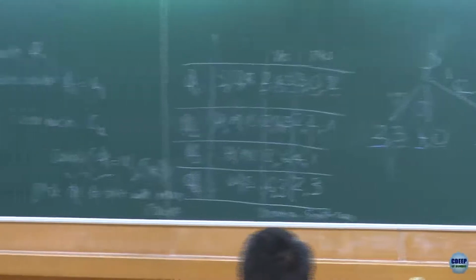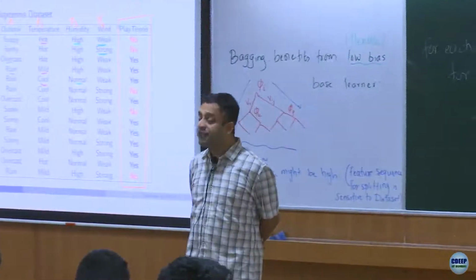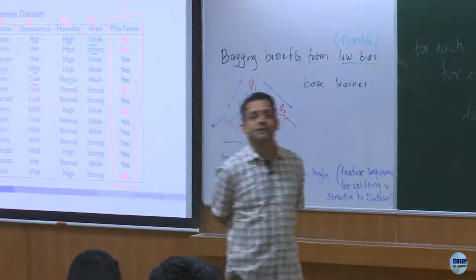So between phi 1 and phi 2, what looks like a better split? Better feature to split on?